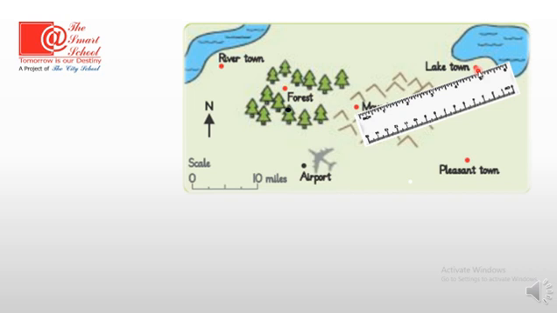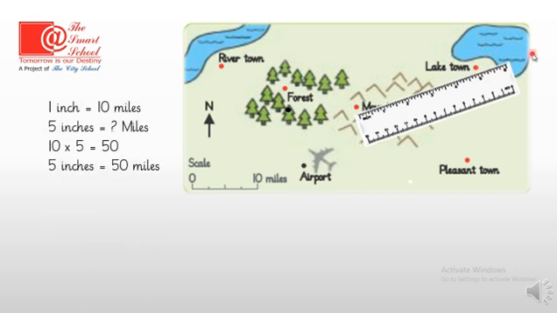Now let's calculate the distance. 1 inch equals 10 miles. 5 inches equals how many miles? 10 multiplied by 5 equals 50. So it means that 5 inches equals 50 miles.